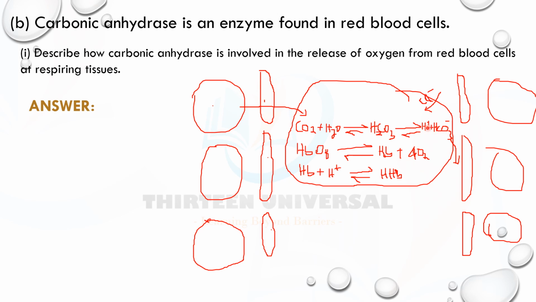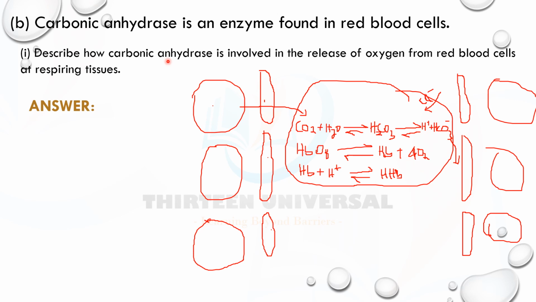And then once this is formed, hydrogen ion of course needs to bind to hemoglobin. So oxyhemoglobin releases oxygen, unloads oxygen, so that hydrogen ion binds to the same site. So we've answered this question. It's about a 4 marks question.